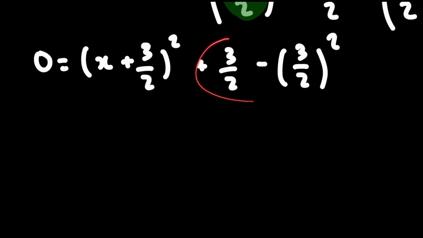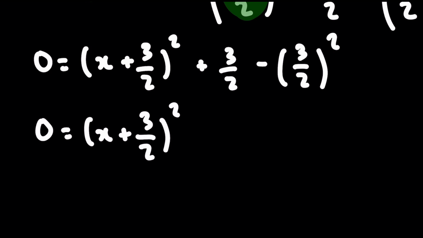Now I can simplify this last term here. I can say that 0 equals x plus 3 over 2 whole squared, and this squared is just 3 squared over 2 squared, which becomes plus 3 over 2 minus 9 over 4.